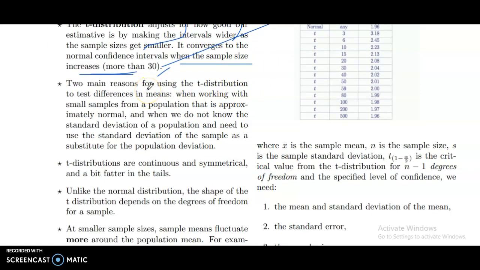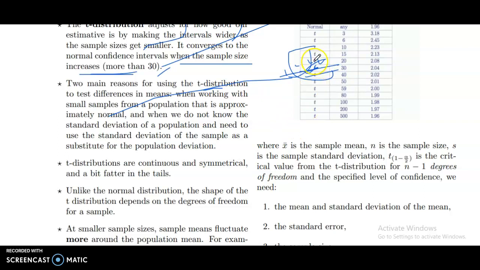The two main reasons for using the t-distribution to test differences in means are, first, when working with small samples from a population that is normal or approximately normal, and second, when we do not know the standard deviation of the population, we need to use the standard deviation of the sample as a substitute for the population standard deviation.